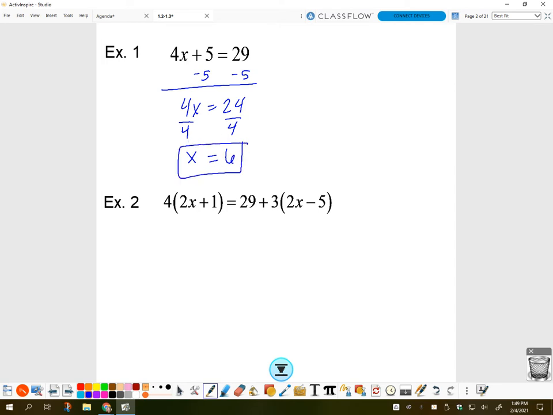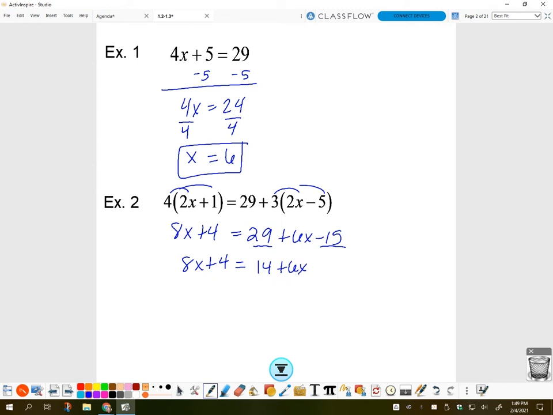Alright, example 2. You're going to have to distribute. We got to get rid of the parentheses. And then we're going to combine like terms where we have them. So on the right side of the equation, I can put together 29 minus 15 and have 14. Alright, so now you just have a simple little expression on both sides.